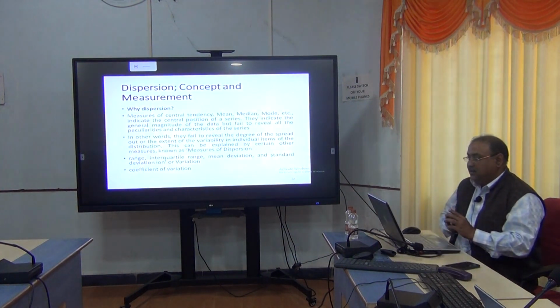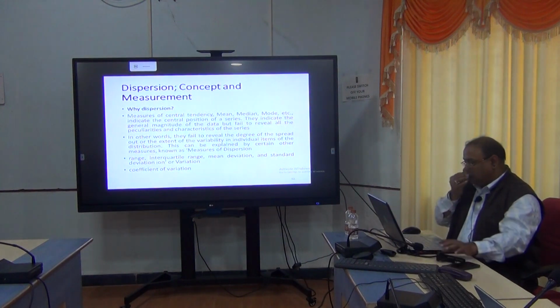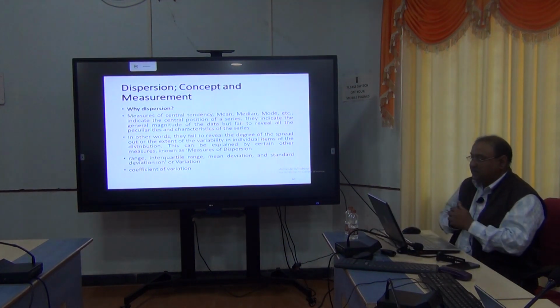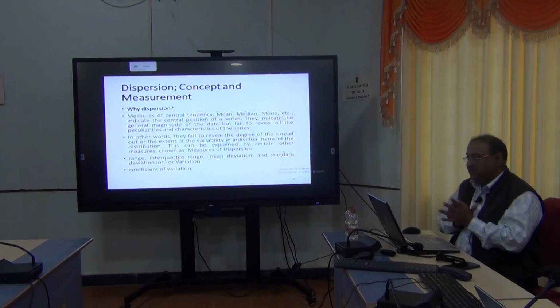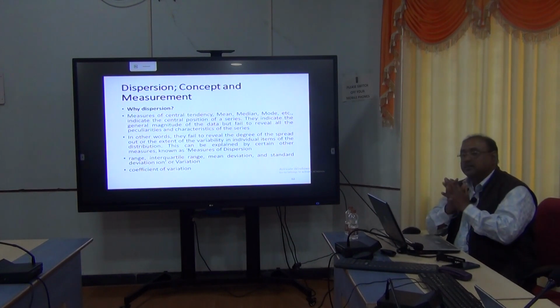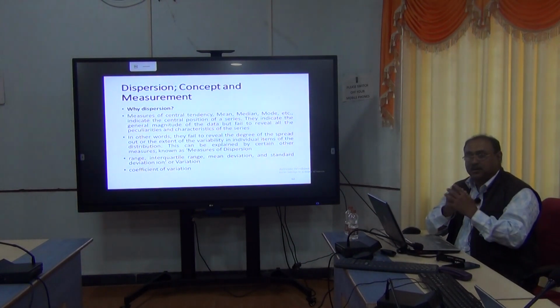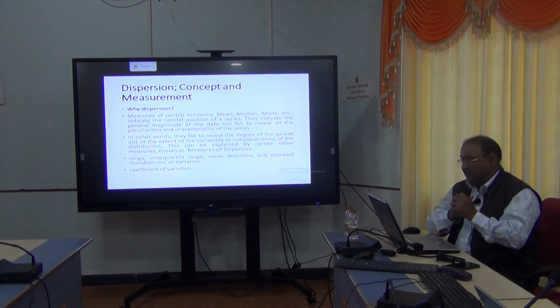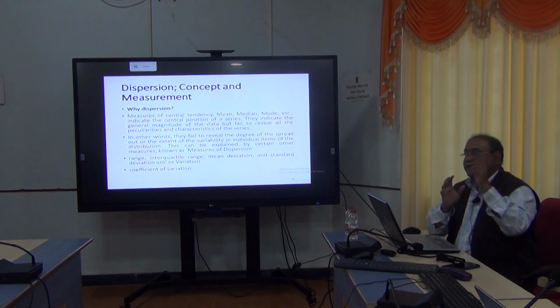Then the dispersion, I have already talked about, so we will not spend much time. But when you use the interquartile range or the coefficient of variation in dispersion, it also gives a lot of insight into the quality of the data you have collected. The interquartile range can be very useful, like I was saying about coding continuous variables.